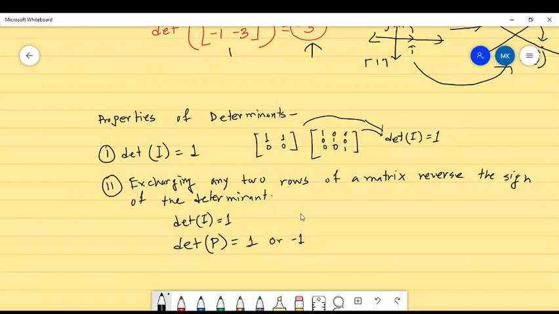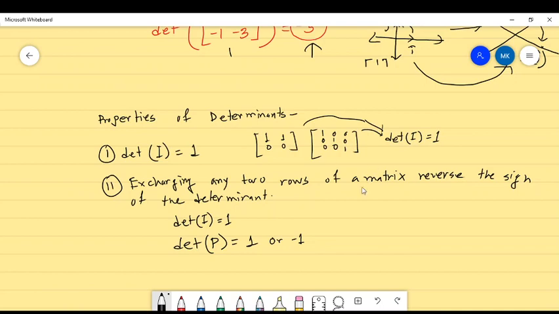Why? Because if you change any two rows of an identity matrix, the determinant will be negative 1. But if you change the rows again, the sign of the determinant will be reversed again, and negative 1 would be transformed into positive 1.